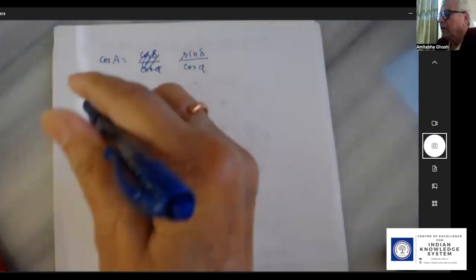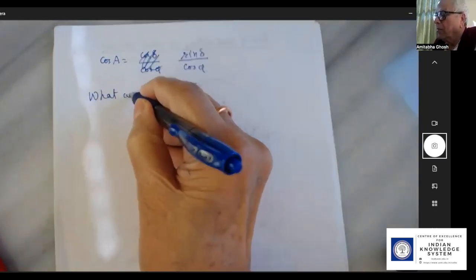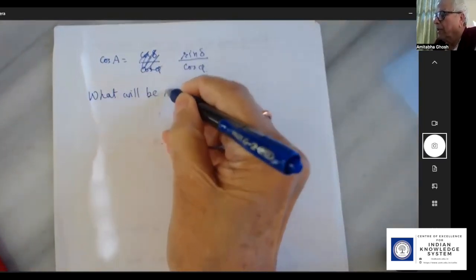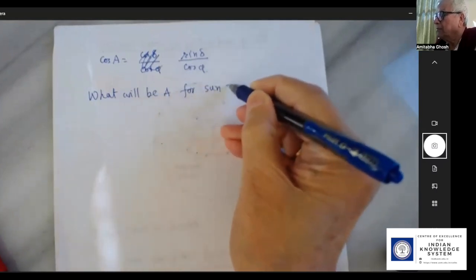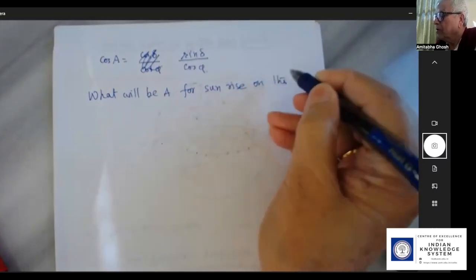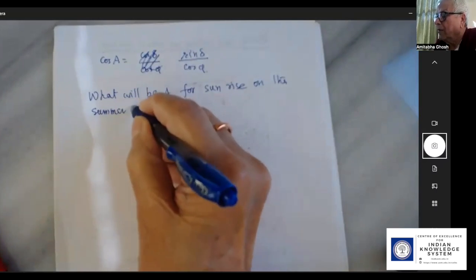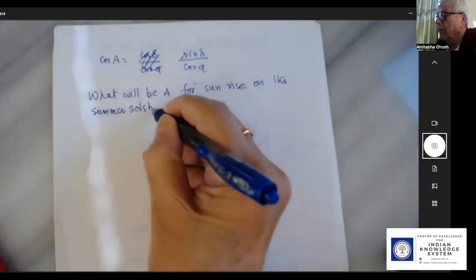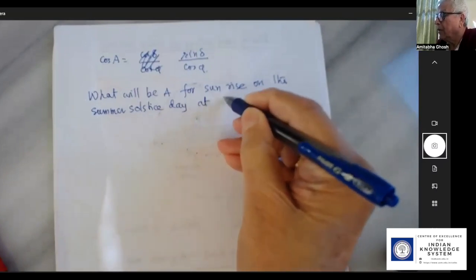So for example, what will be the A for sunrise on the summer solstice day at Srinagar?